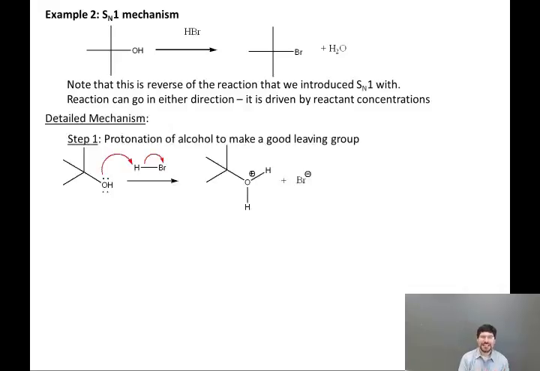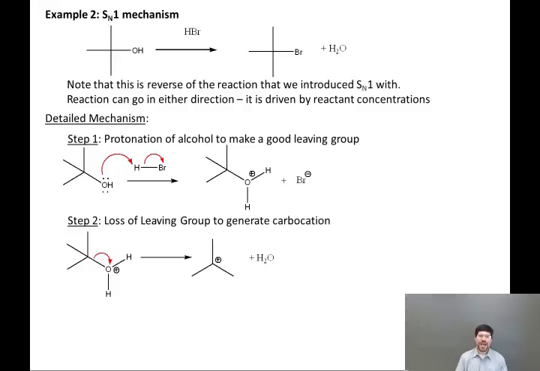Just like in the SN2 case, the first step of this one is the same. Protonation of the alcohol to make it a good leaving group. This would be a favorable Bronsted acid-base reaction. Step 2 now is the loss of the leaving group to generate the carbocation. Again, this is a step that you should be very familiar with by this point in your studies.